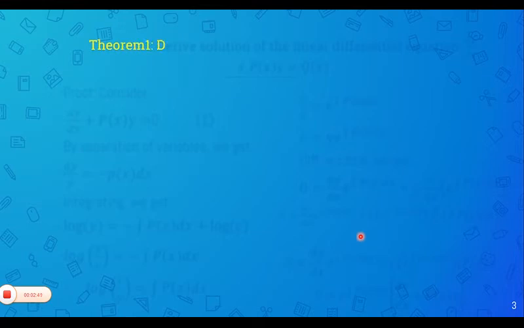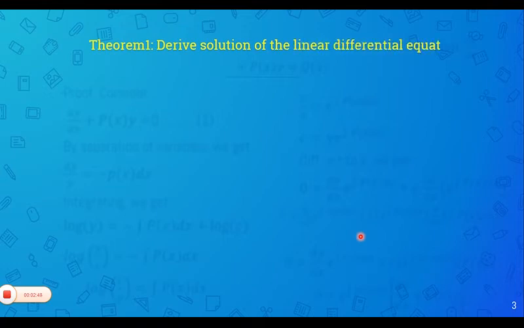So let us see the theoretical part. Derive the solution of the linear differential equation dy by dx plus p into y equal to q.